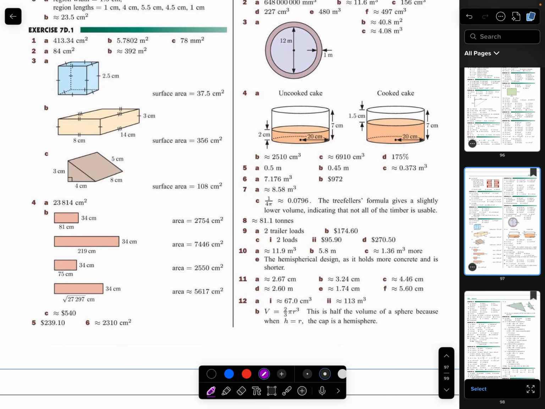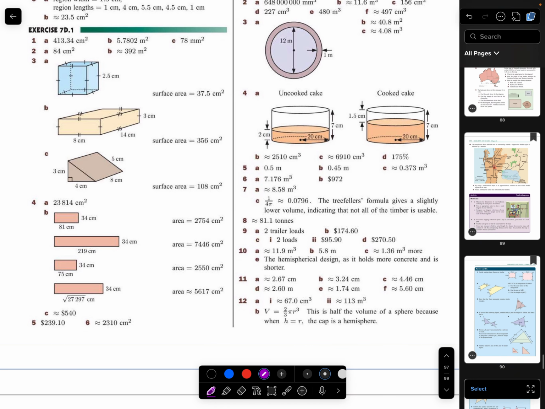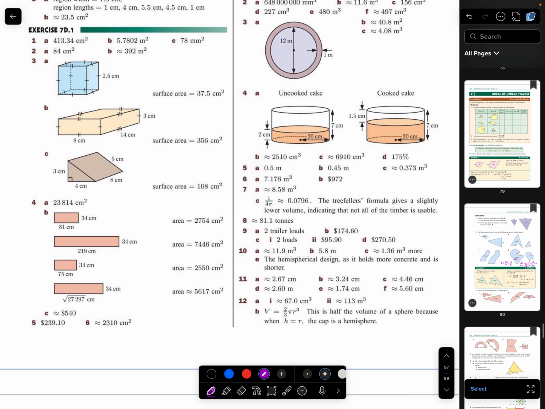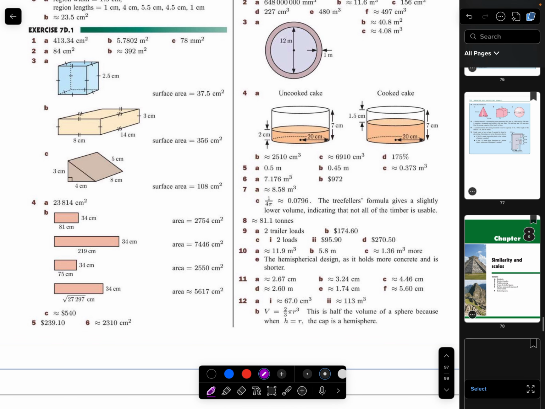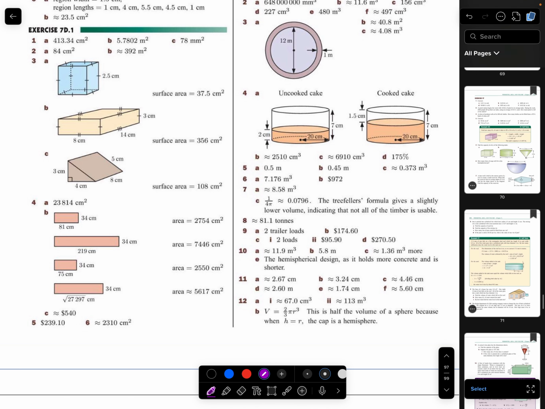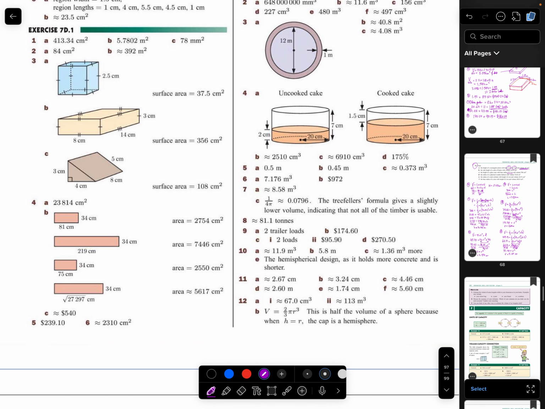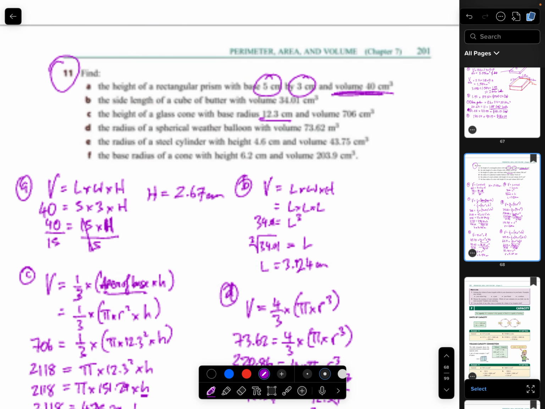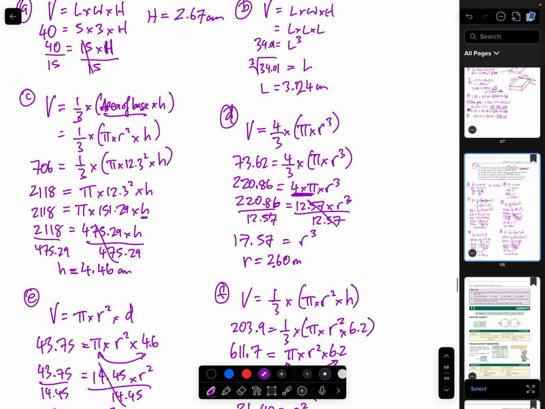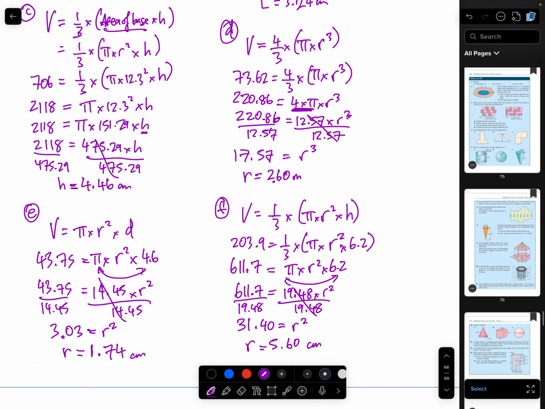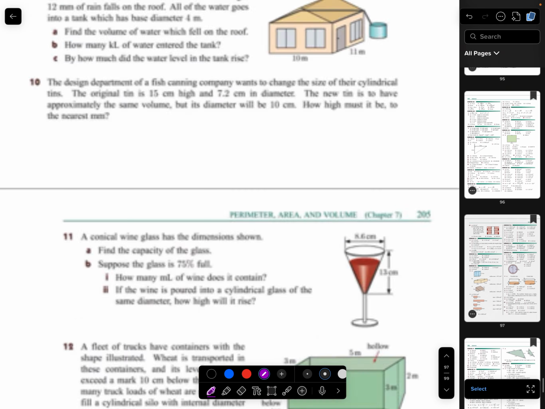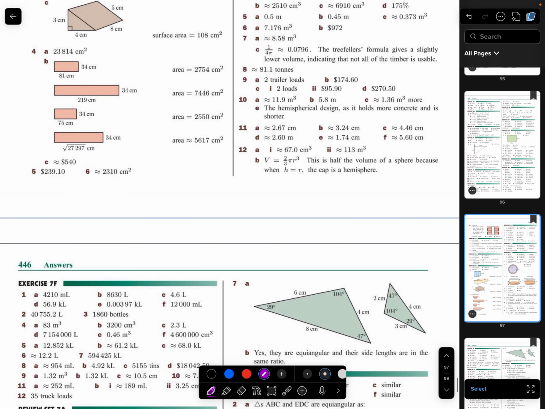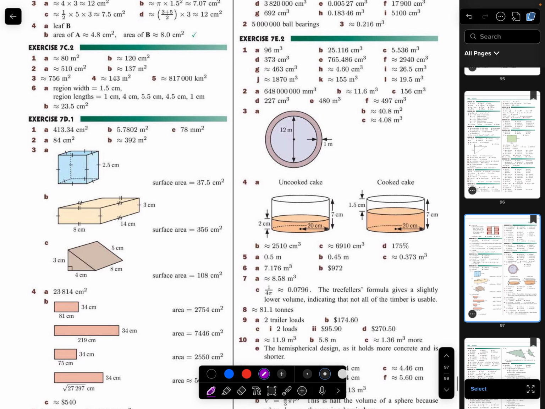That's right. 4.46, 2.6, that's right. 1.74, 5.6, all correct, okay?